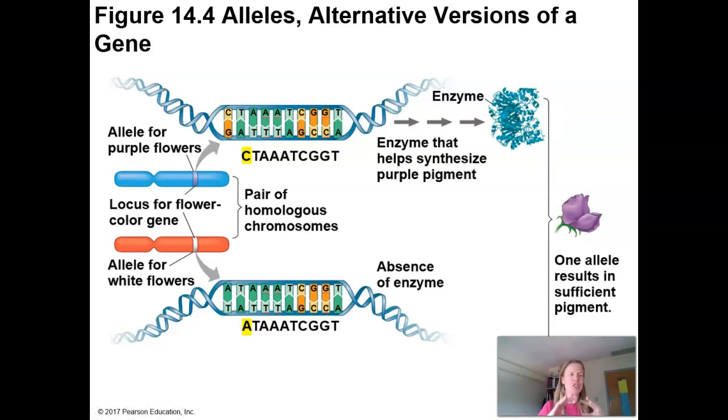We'll get more into gene expression and where this protein is coming from, but the idea is that a gene codes for something. In this case, it's a pigment. Again, this is a lot for Mendel to figure out without knowing anything about DNA or chromosomes. He's just making really careful, detailed observations.